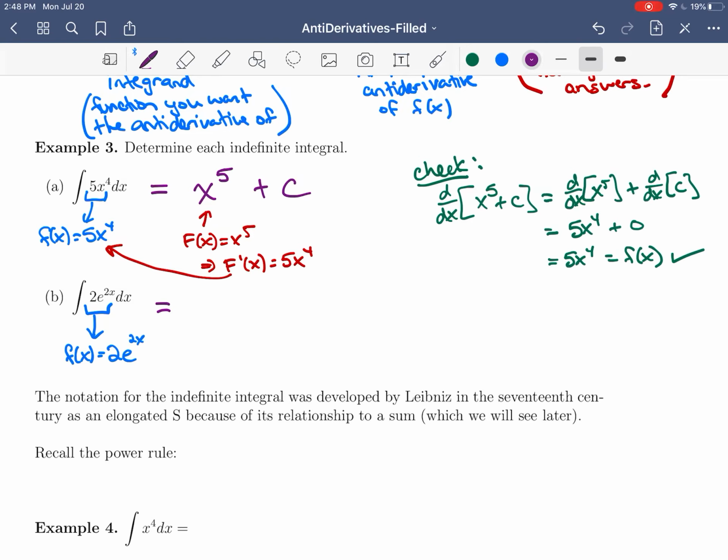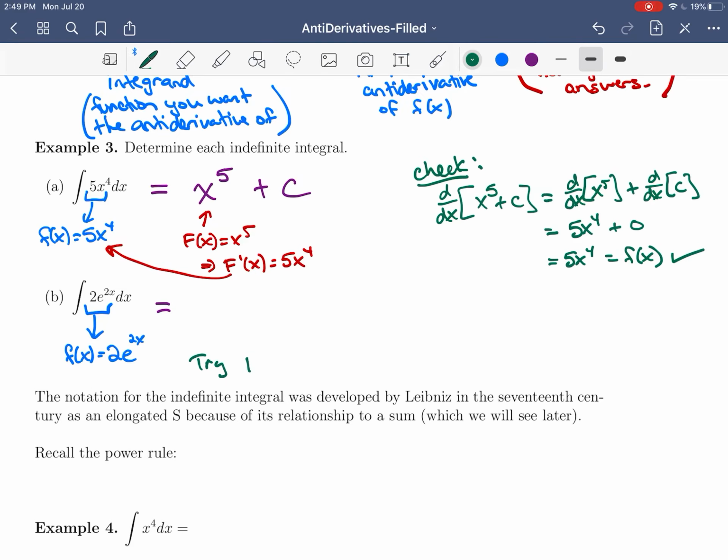So because I have here e to the 2x, it's likely that I'm going to have e to the 2x in my antiderivative. Because in order to get e to the 2x in my derivative, I need to have an e to the 2x to start with. So maybe I'll do this down here.